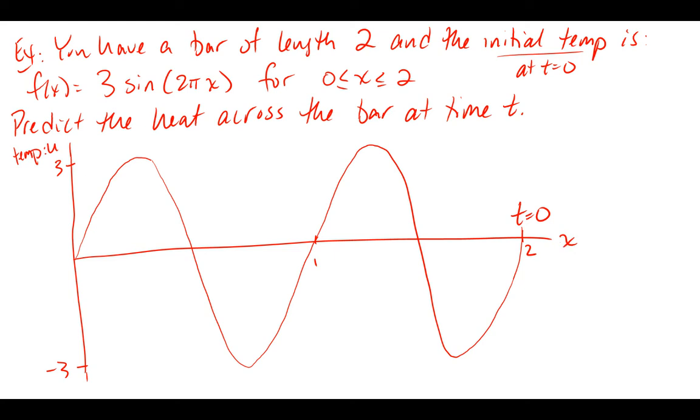So as time goes on, the hot parts are going to get less hot, and the cold parts are going to get less cold. I don't need a big fancy solution to know that as I go through time, these peaks and valleys should be diminished. All right, but we're going to come back to this graph, so you have this in your notes. That's time 0.